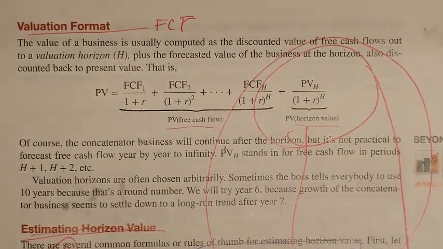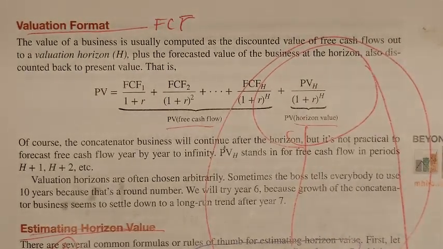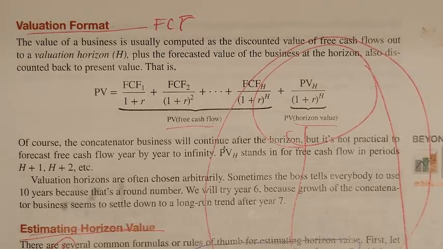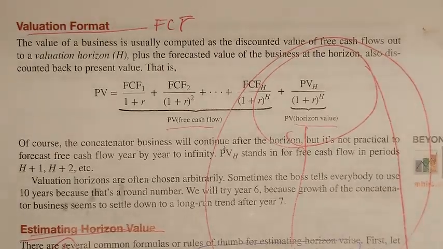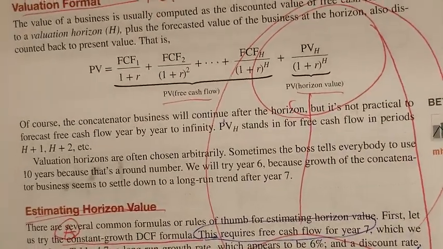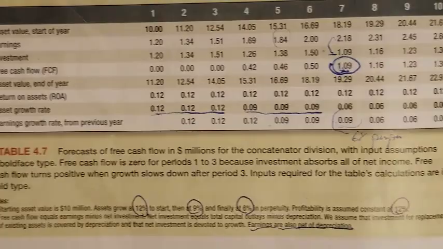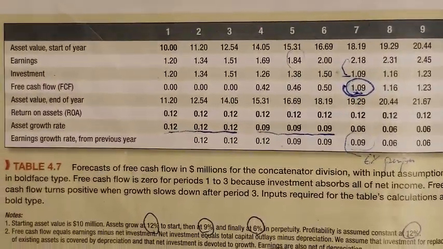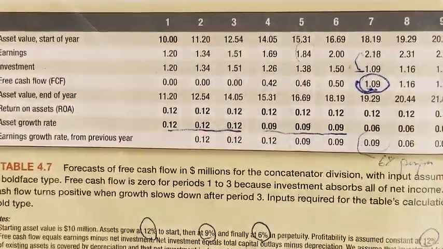But basically, we're looking at this model, okay. Now, with those, basically what they're saying is make assumptions and then go and make new assumptions on this table, which is table 4.7, okay. And let me zoom out here so you can see this.